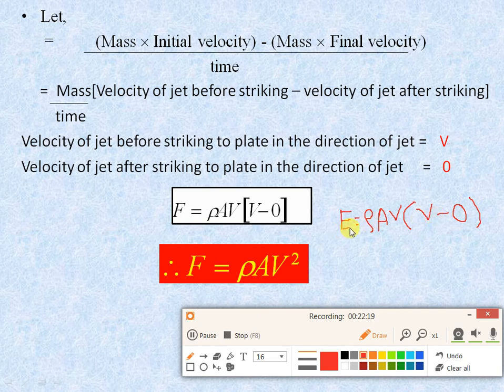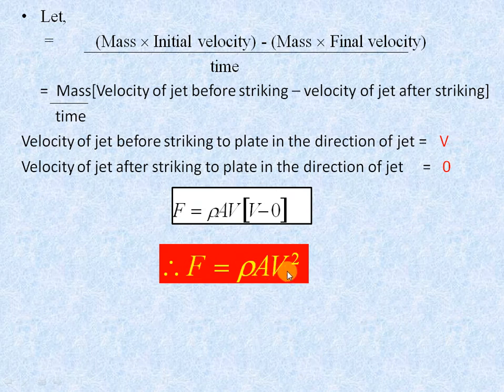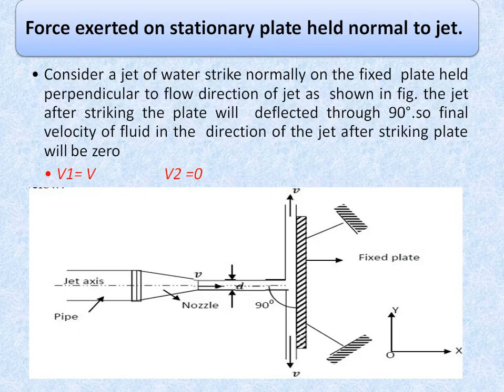So the force in the x direction is rho A v squared. So friends, by using this formula, F equals rho A v squared, we can calculate the force exerted by a jet on a fixed vertical flat plate. Just remember this equation. In this case, there is no work done because the plate is stationary and fixed.